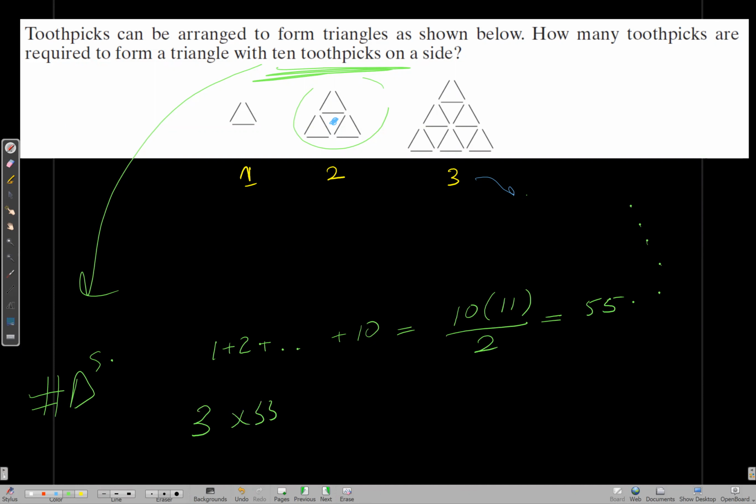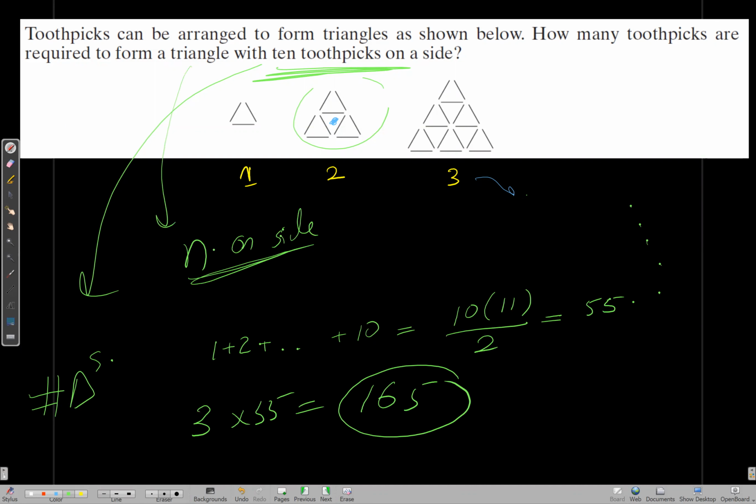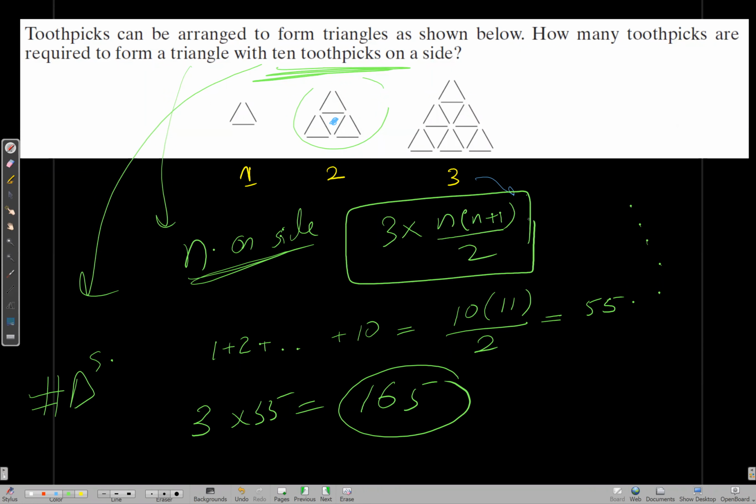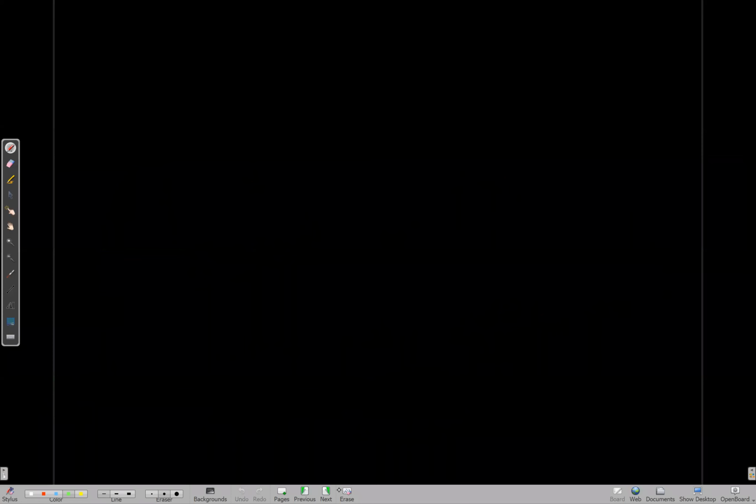So 3 times 55, 165 is the answer. So if we generalize this, n on a side, it is 3 times n times n plus 1 over 2. That is the formula. Okay.